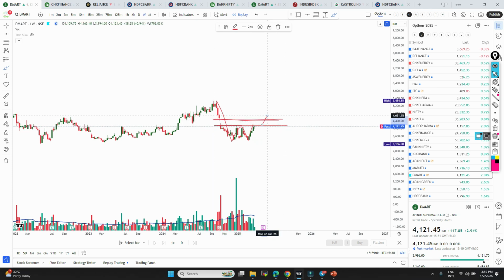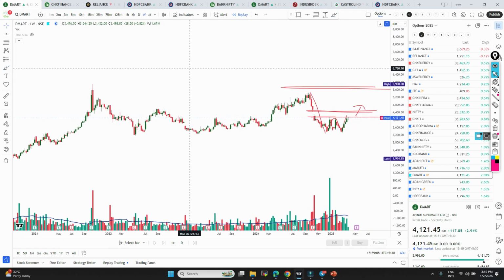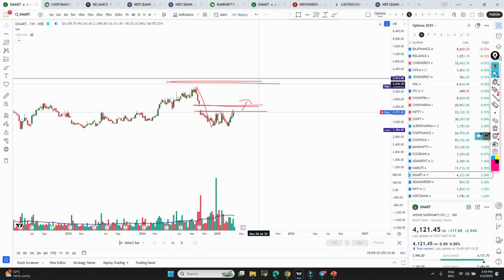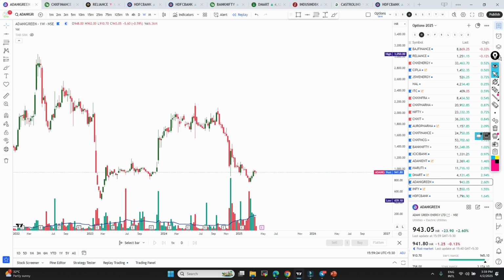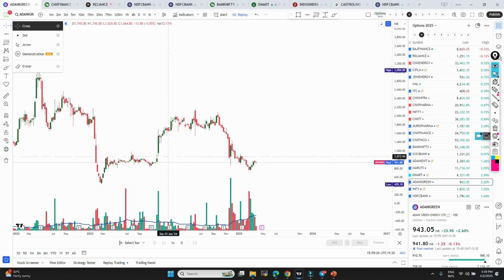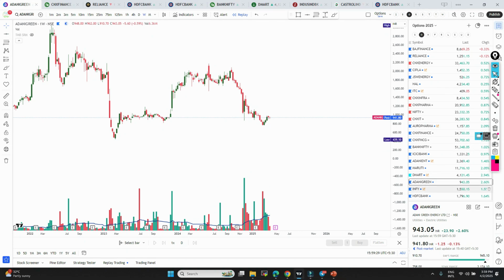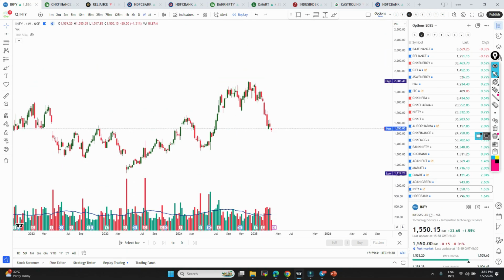Once this gap crosses, we can go till the previous high, till this point we can go. Around 6,000 we can bet on this DMart. Adani Green is my watch list stock. No activity in this. These are the trades I thought of attempting.